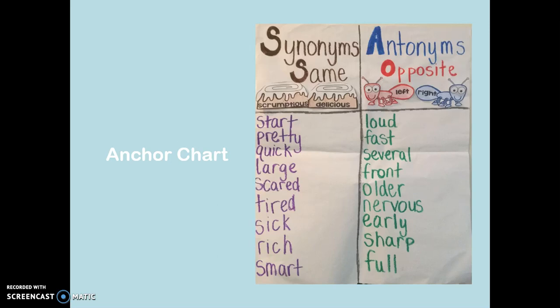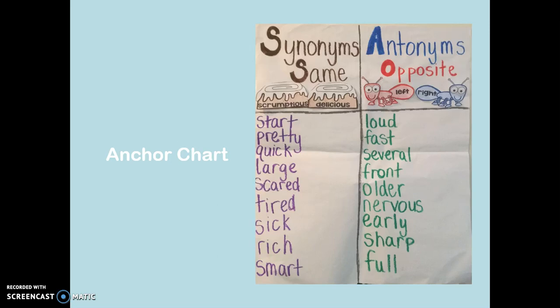And then I had a little cinnamon roll, because it sounds like synonym roll. And scrumptious and delicious are both synonyms. And then antonyms are opposite, so that's why I used 2 different colors.